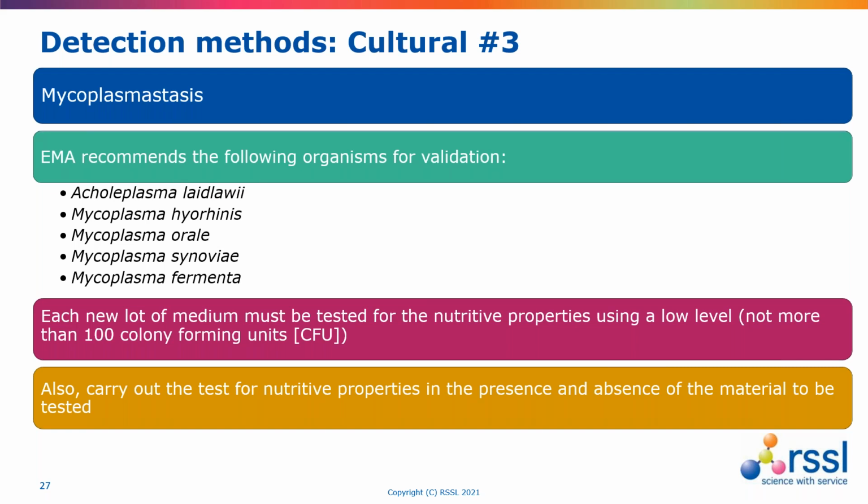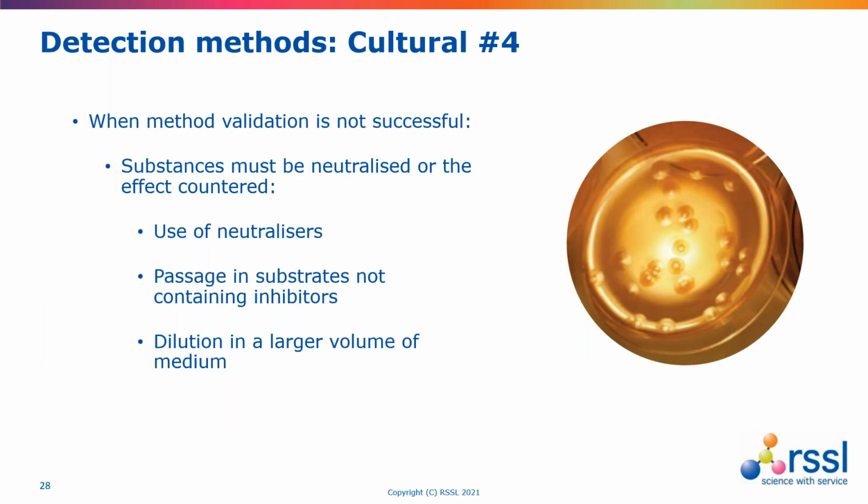If validation isn't successful or growth promotion isn't successful, then it's important that any substances that might be inhibitory are neutralized. So these can be countered through passages, or using a larger volume of medium or dilution techniques.